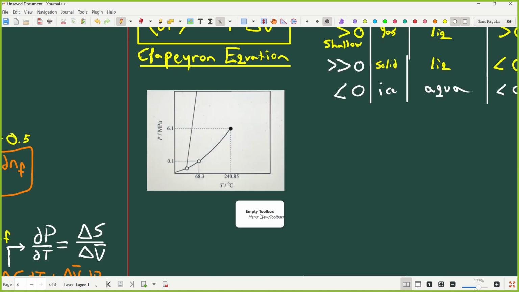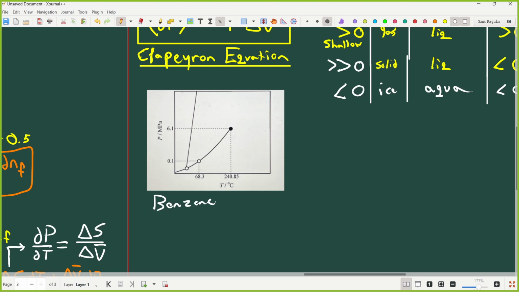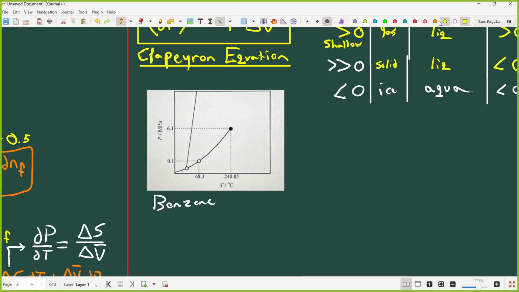So this is benzene. We see the same thing: a shallow gas-liquid coexistence curve, and then we also have a sharp but positively oriented solid-liquid freezing line.